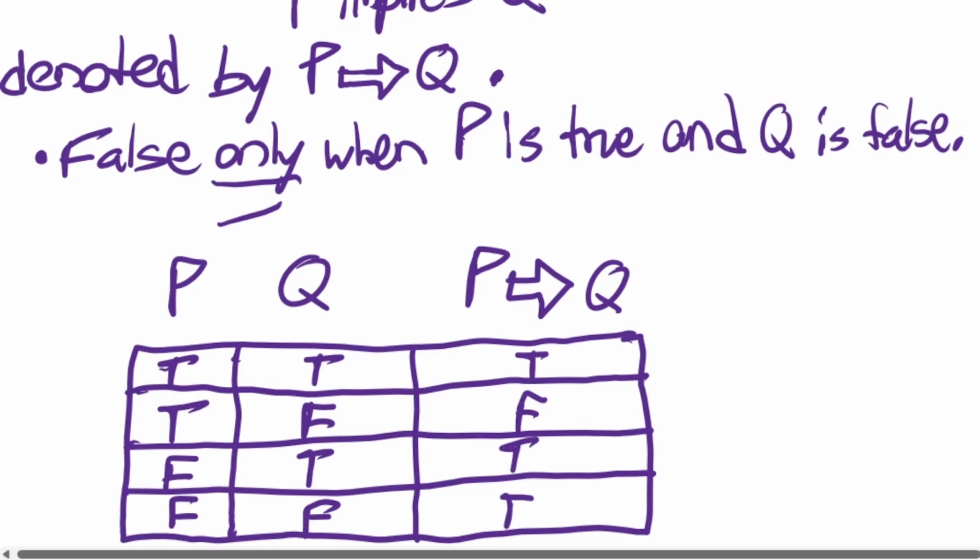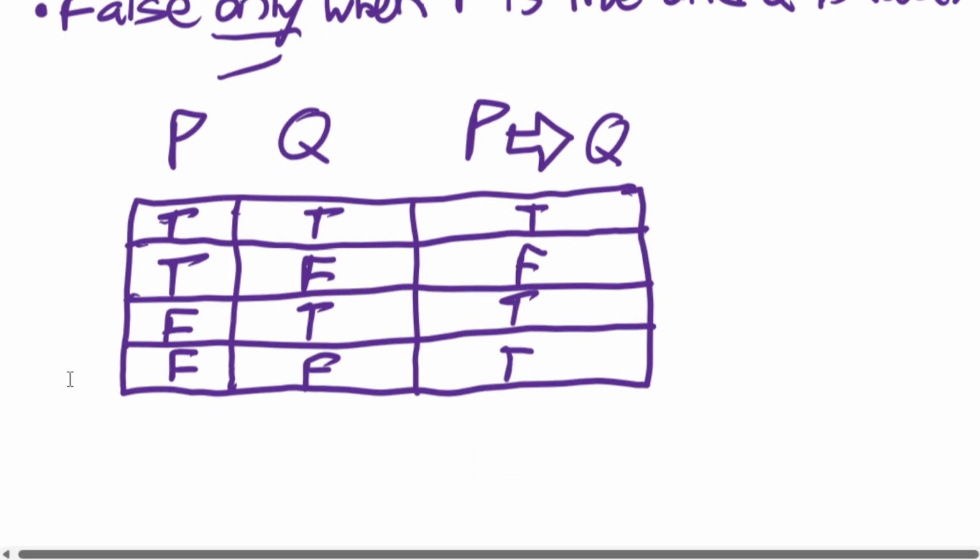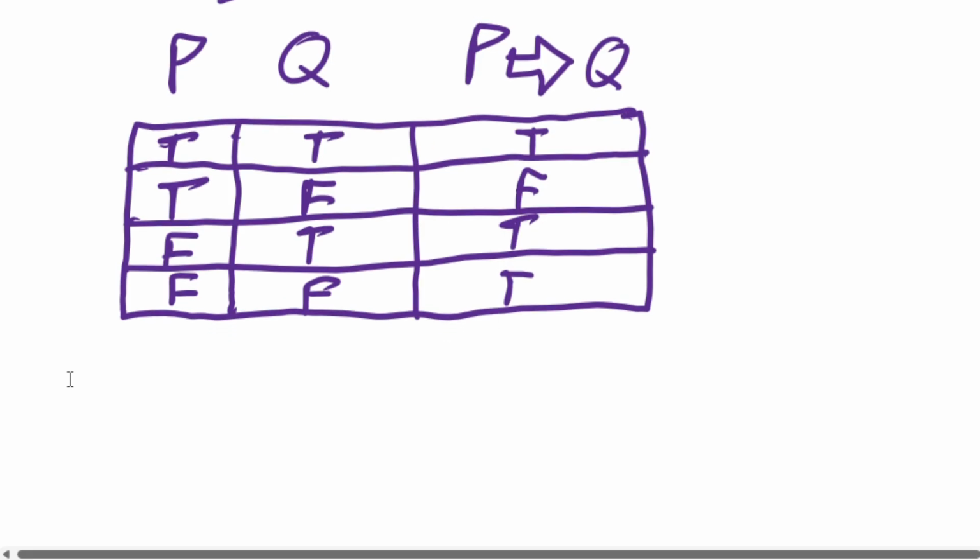So it is only false when P is true and Q is false.